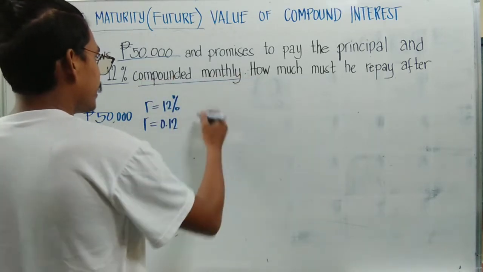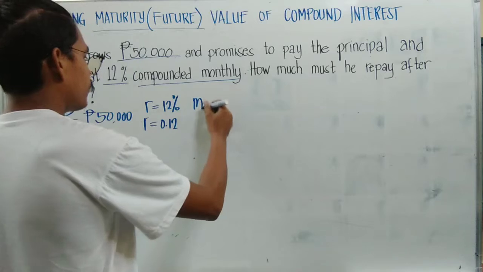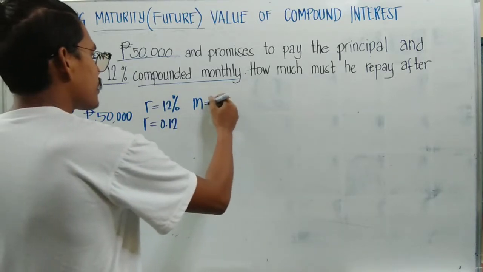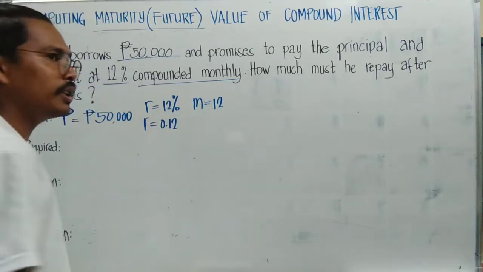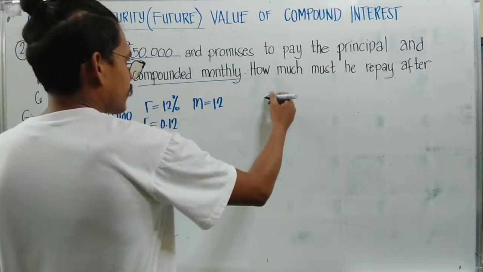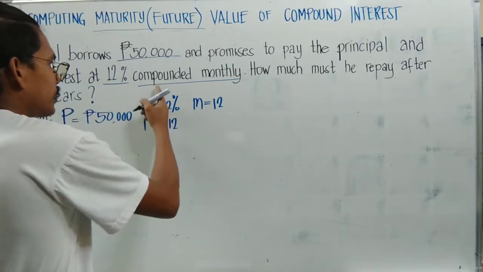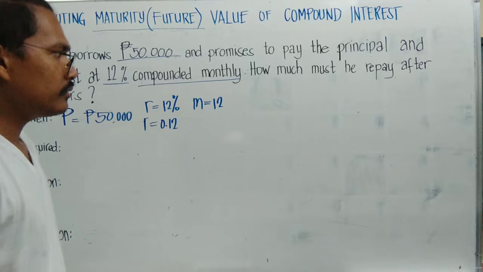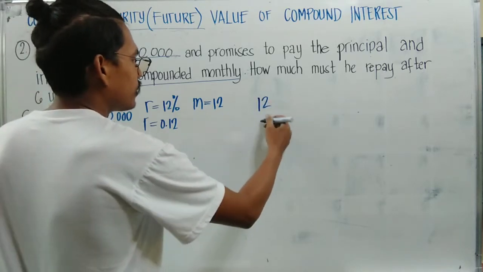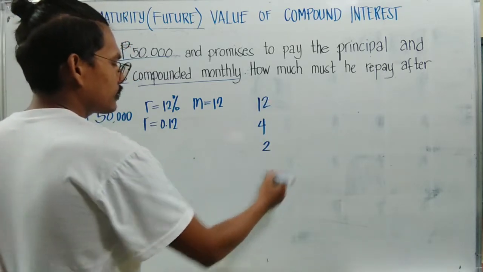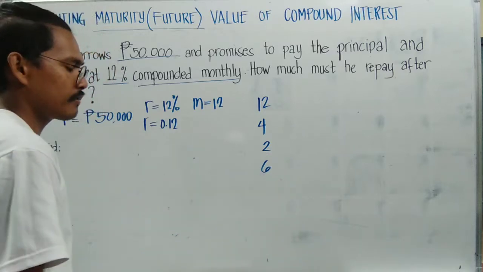And we have here M, compounded monthly. So monthly, that will be 12. Again, the values of your frequency of conversion, we have 12, 4, 2, and 1.